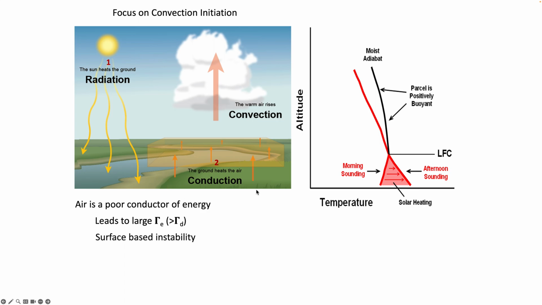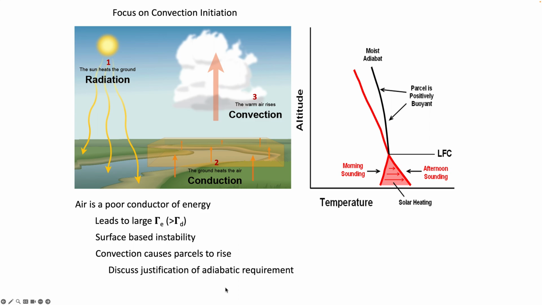So we get surface-based instability. Now what this means in the context of buoyancy of our air is that the air near the Earth's surface becomes pretty buoyant because it's hot. And as a result of that, this heated air will begin to rise via convection. So the warm air will rise as a result of convection. So convection causes particles to rise.